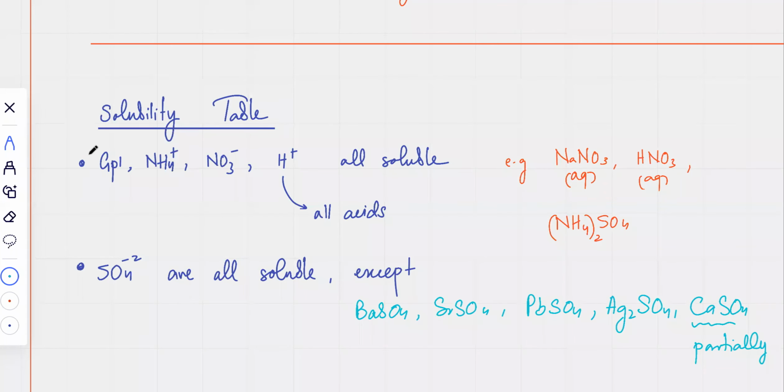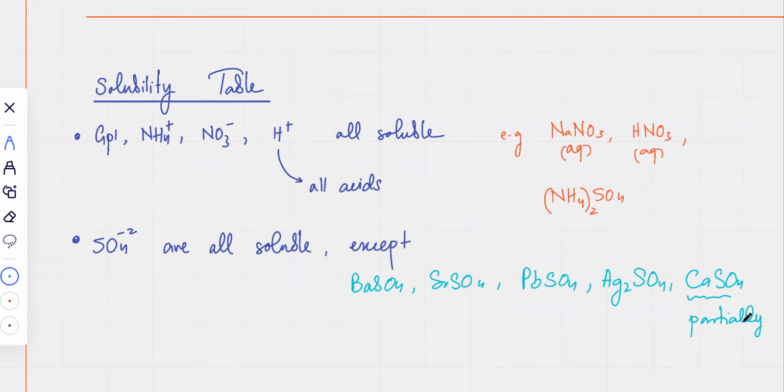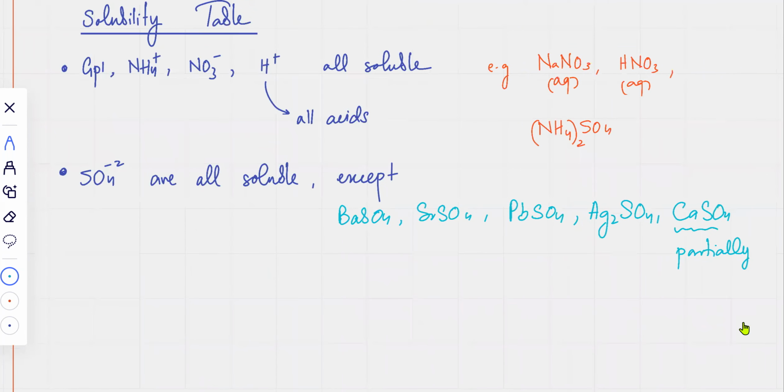Okay. So these are the ones that are not soluble, so it's going to be harder to remember this, but sulfates are soluble, most of them, except for these 4-5, they are not soluble. Otherwise, all of them, like sodium sulfate, iron sulfate, any other sulfate, copper sulfate, they're going to be mostly soluble.